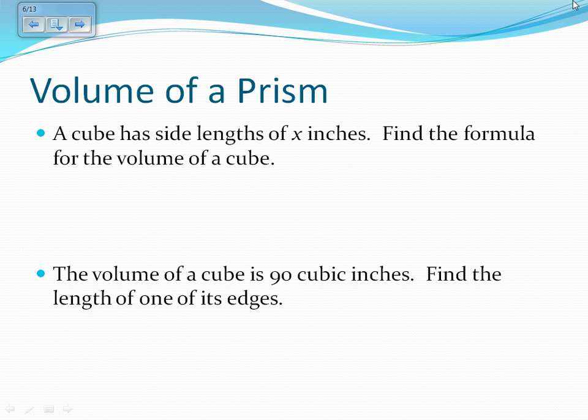Okay. Some further ones. We got to talk about a cube. What do the sides of a cube look like? Squares. So a cube, you guys probably already know this, but I just want to make sure, has side lengths of x. Find the formula for the volume of a cube. This is a special case.